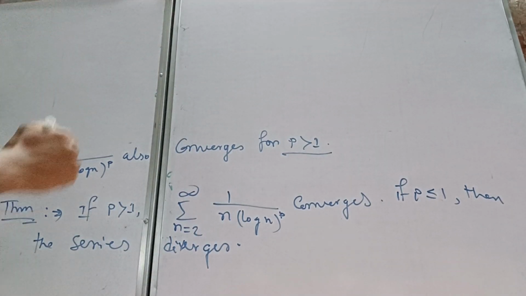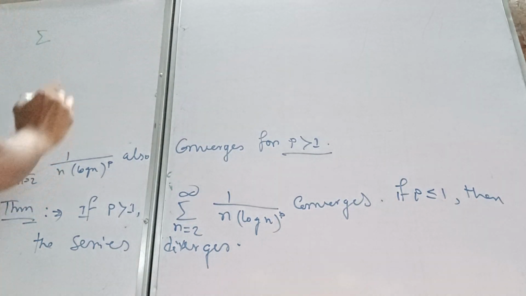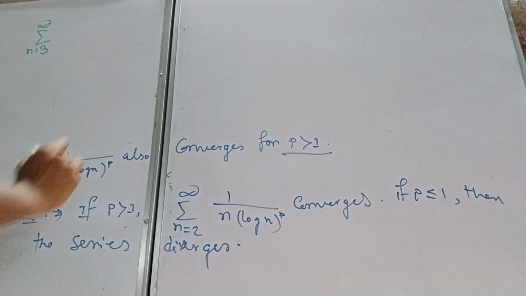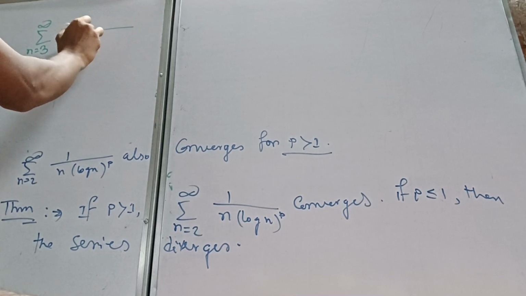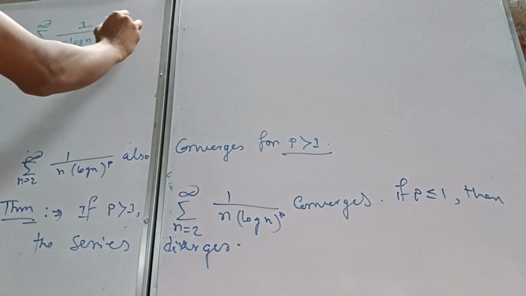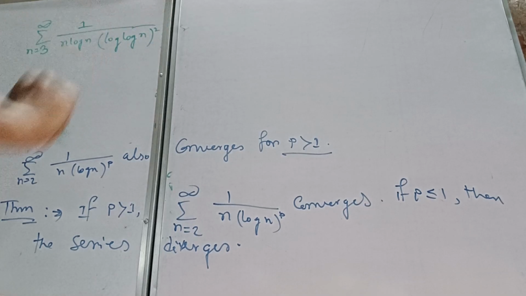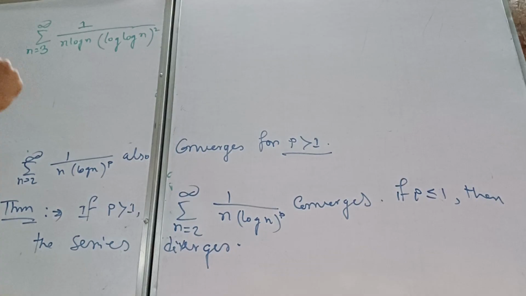Here, summation n equal to 3 to infinity 1 by n log n (log of log n) whole squared. Does this one converge or diverge? We also handle this one.